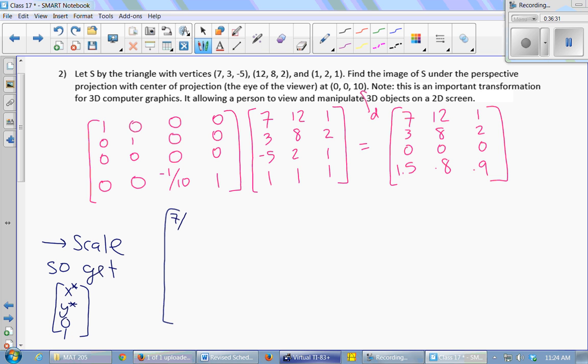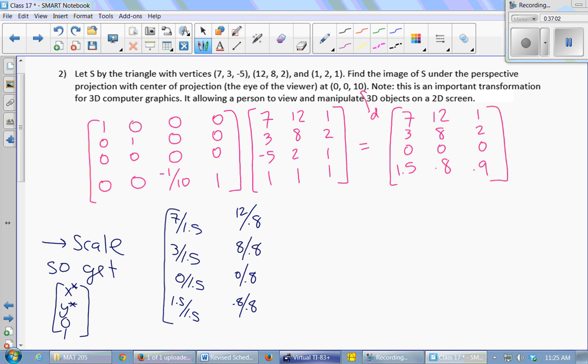Each vector has its own scale factor. My first column, scale everything by 1 over 1.5. Second column, you scale everything by 1 over 0.8, so this will be 12 over 0.8, 8 over 0.8, 0 over 0.8, and 0.8 over 0.8.